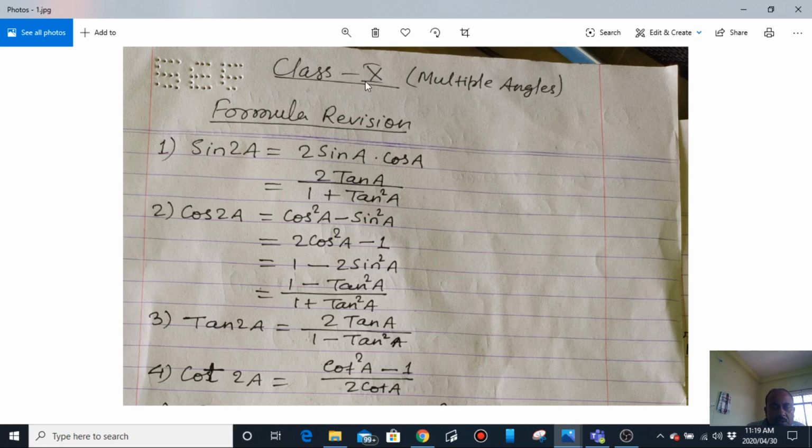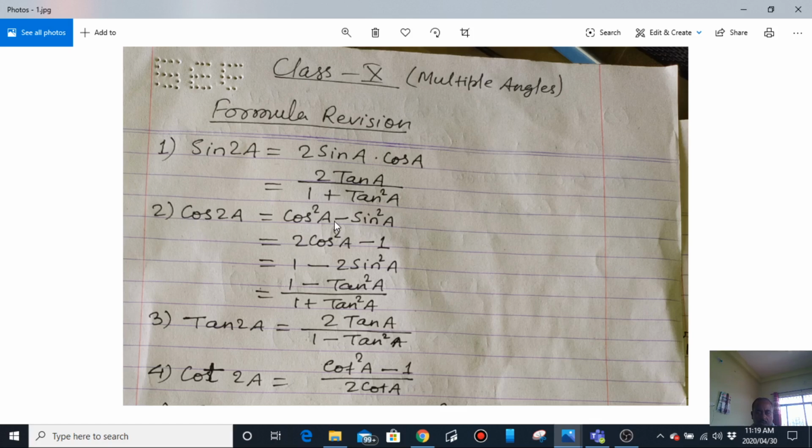At first, the list of multiple angle formulas revised. Here sin 2A in terms of sin A cos A and in terms of tan A. So you just watch the cursor movement of the mouse.